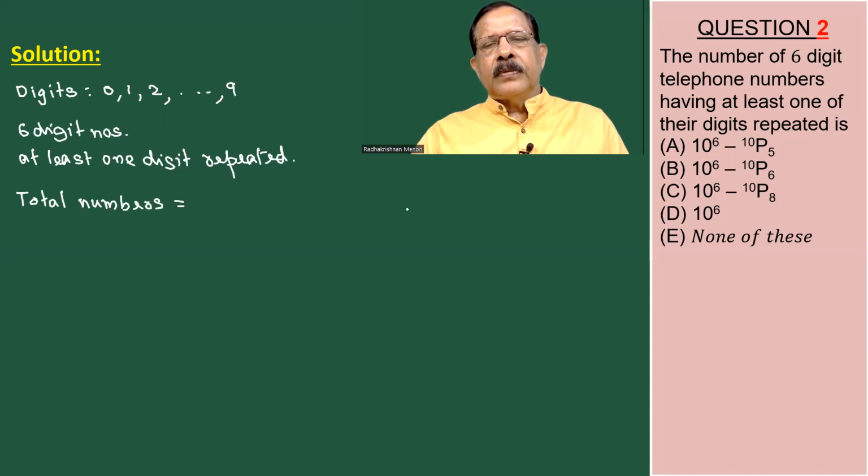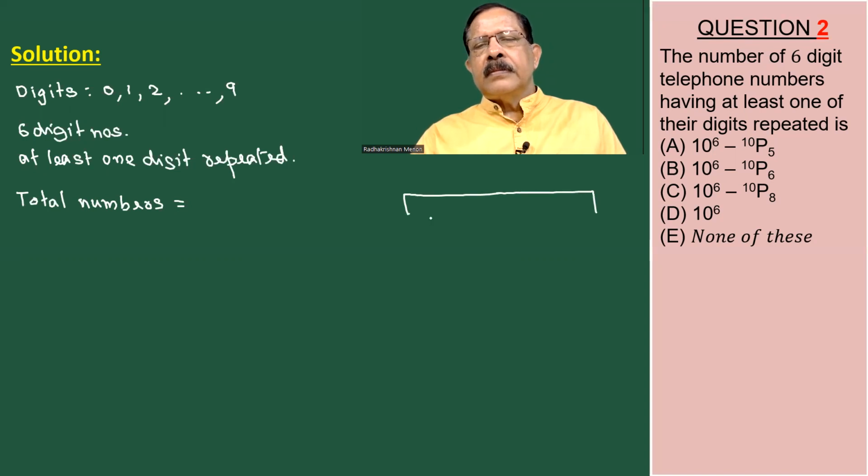Total numbers equal to, so I'm drawing the rectangles, squares in between, 1, 2, 3, 4, 5, 6.